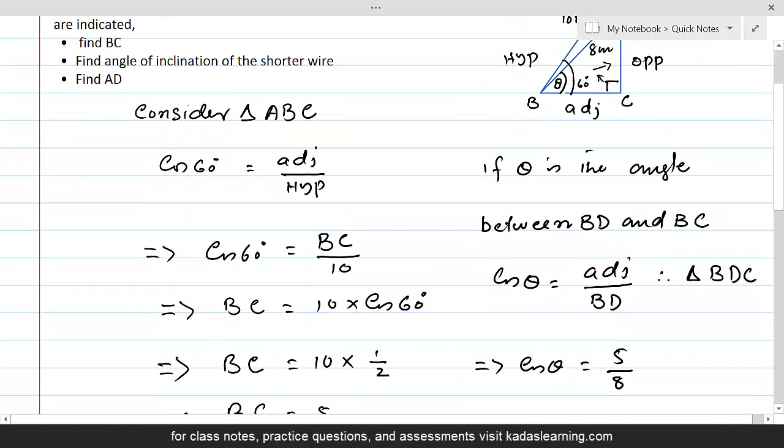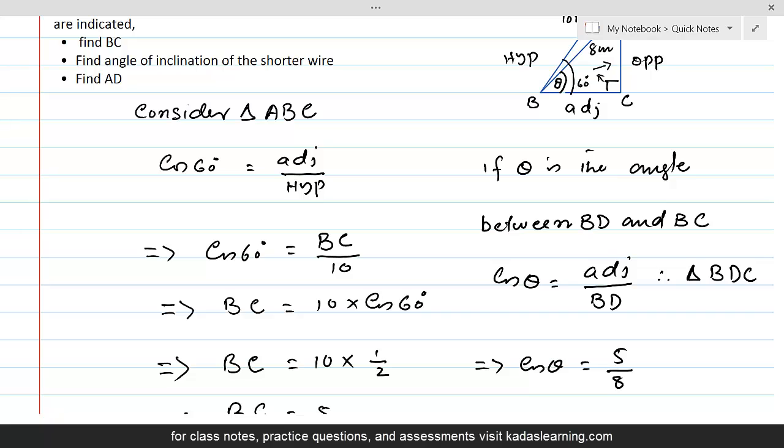Now for part 3, we will be finding the distance AD.